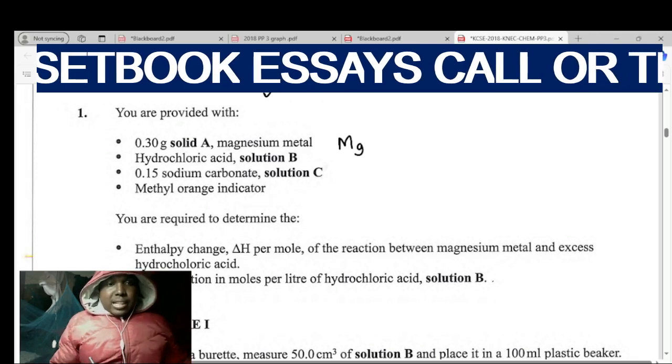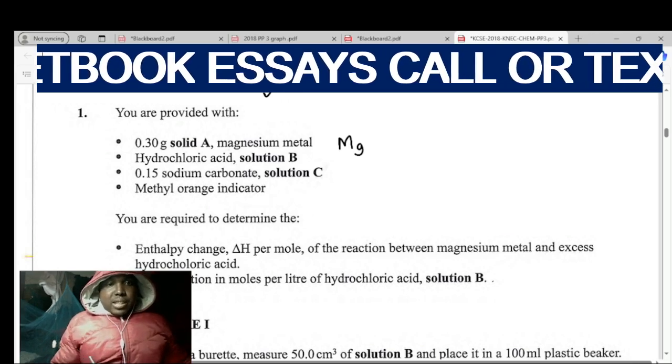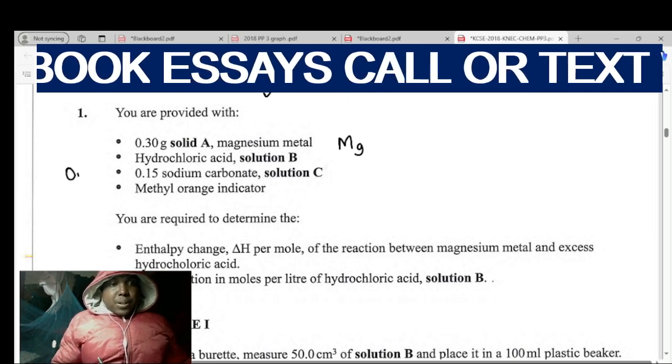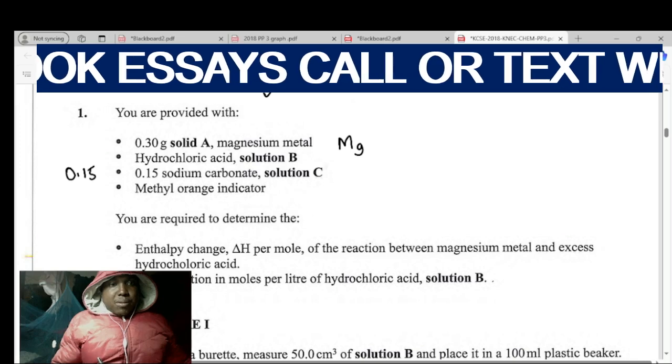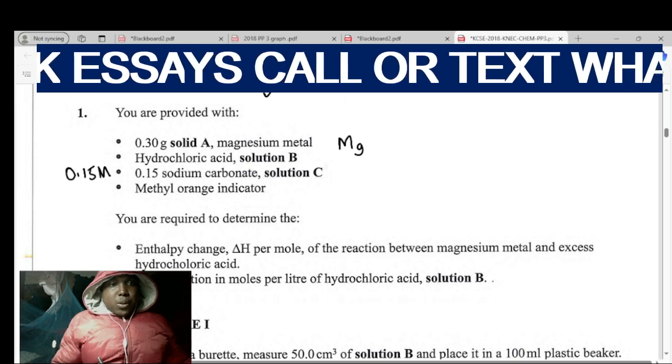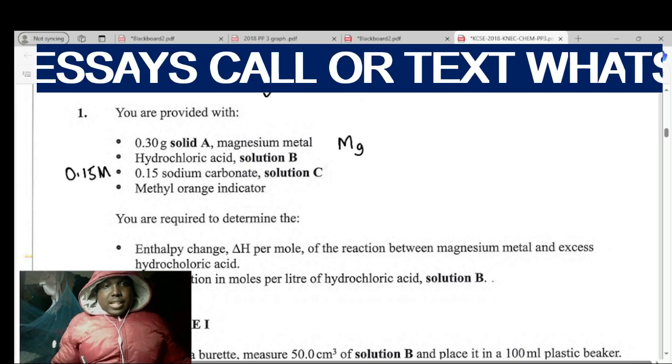So there is a letter that is missing here. This one is 0.15 capital M solution C, and a methyl orange indicator.